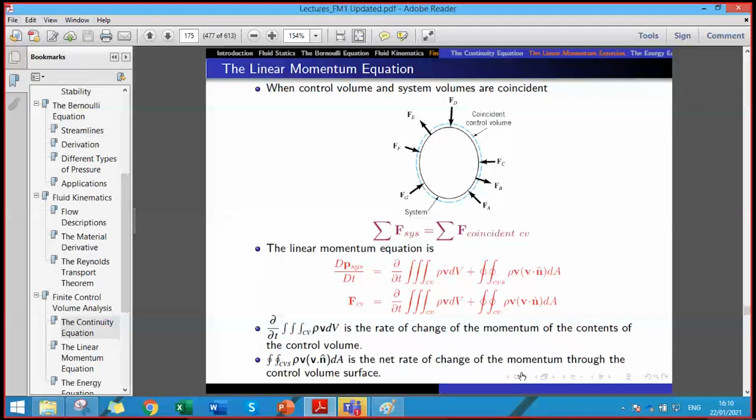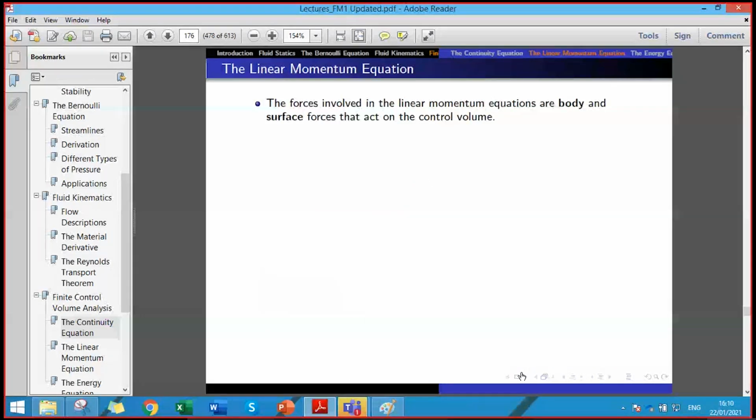So the forces involved in the linear momentum equations are basically two types of forces: the body force and the surface force. What is the body force? बॉडी फोर्स कौन सी होती है जी?